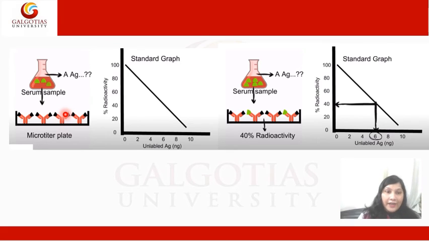Suppose after adding this serum sample to the microtiter plate, the radioactivity of the microtiter plate decreased to 40%, and this is due to the competition of A antigen, if present in the serum, with the labeled antigen.